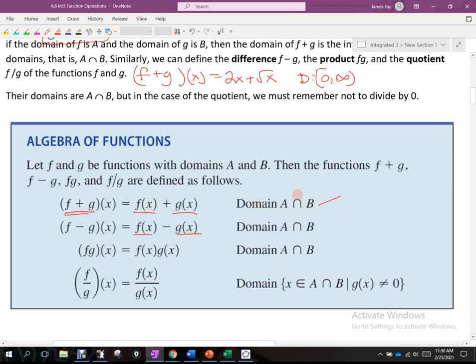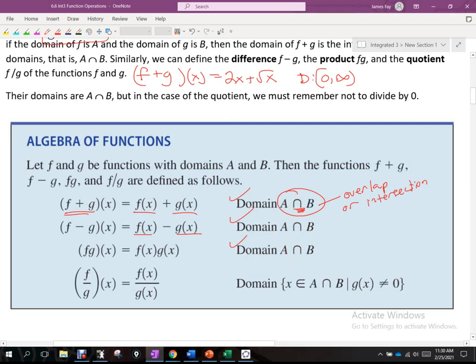This is the mathematical way of saying overlap or intersection. That symbol right there is actually what we call an intersection statement. But you see that the domain, no matter what f and g were, no matter what I do with them over here, domain is A intersect B, domain is A intersect B, domain is A intersect B. So the domain is always overlapping.